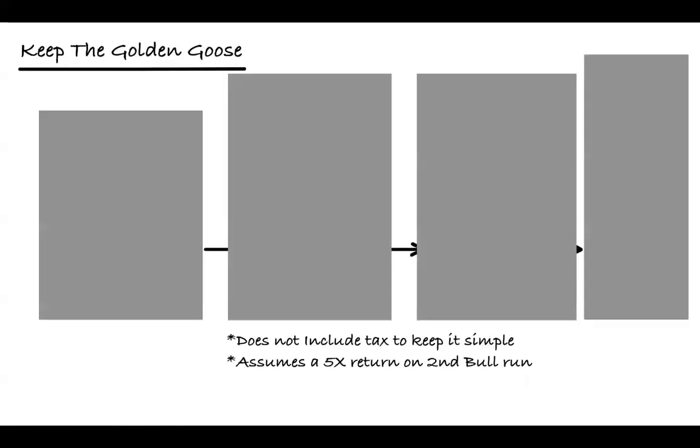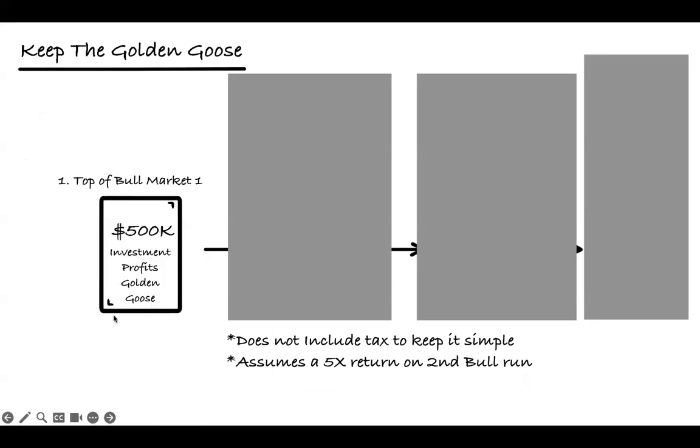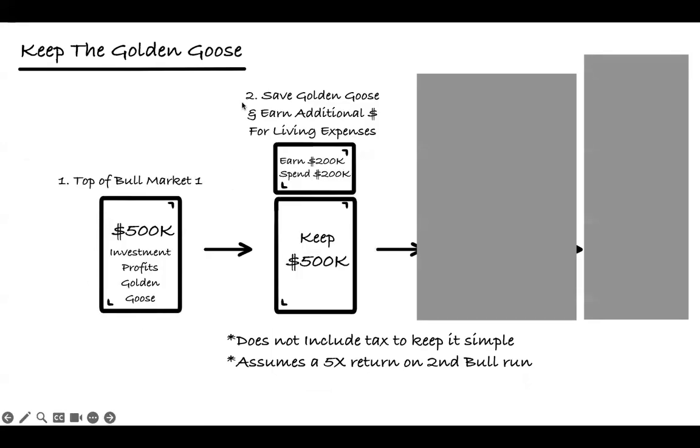But let's look at it if we kept the golden goose and we didn't take Bitcoin off the table. Well, at the top of bull market one, we'd have our $500,000 investment. Now, instead of spending the golden goose, we saved the golden goose. And what we actually did was we earned additional dollars for living expenses, right? We earned $200,000.